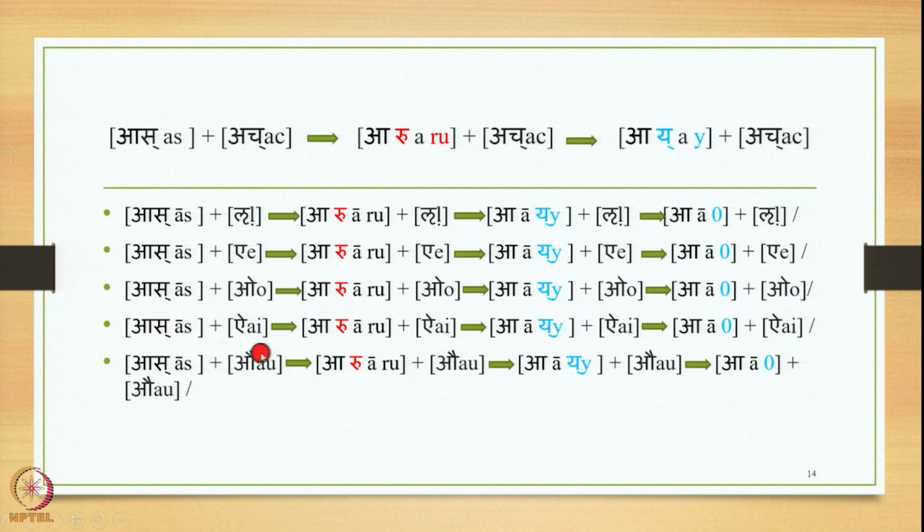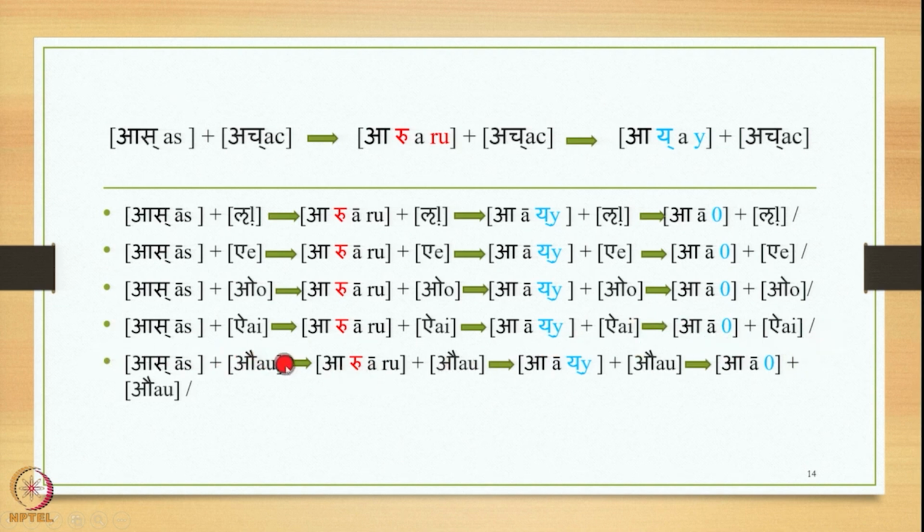Then we have as plus I as the basic input, from which is derived aru plus I, then ru is substituted by ya, so I plus I, and then lopashakalya applies and substitutes this here by 0, so we have a0 plus I optionally.